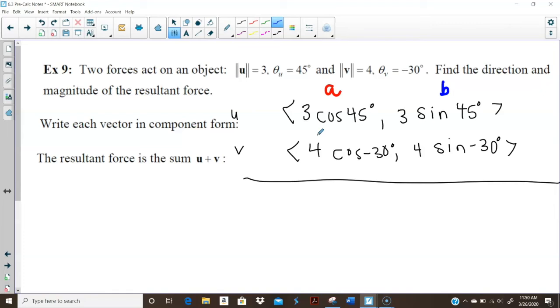I'll just put it into my calculator. So you're going to be in degree mode. You're going to do 3 times the cosine of 45 degrees plus 4 times the cosine of negative 30 degrees.